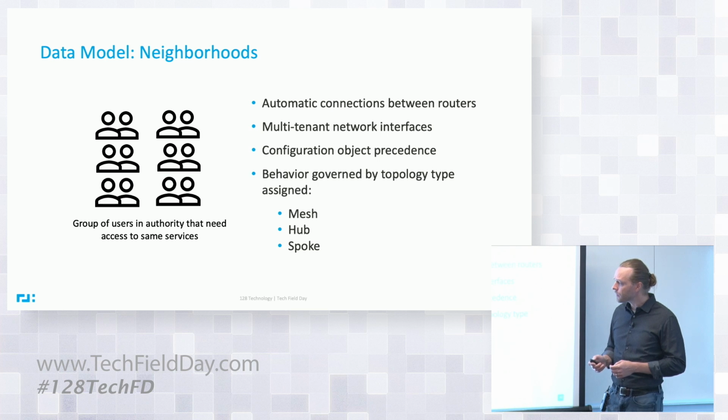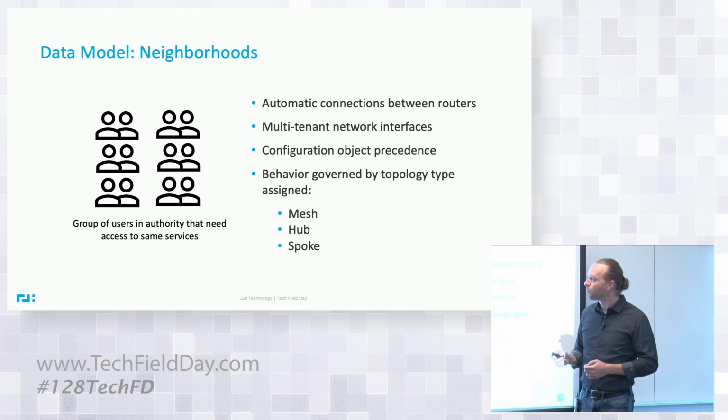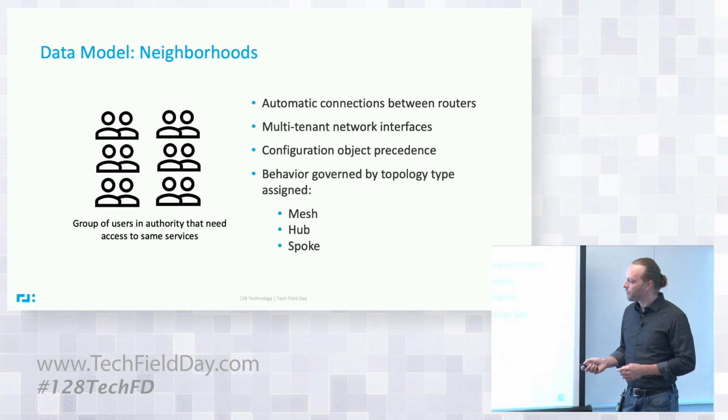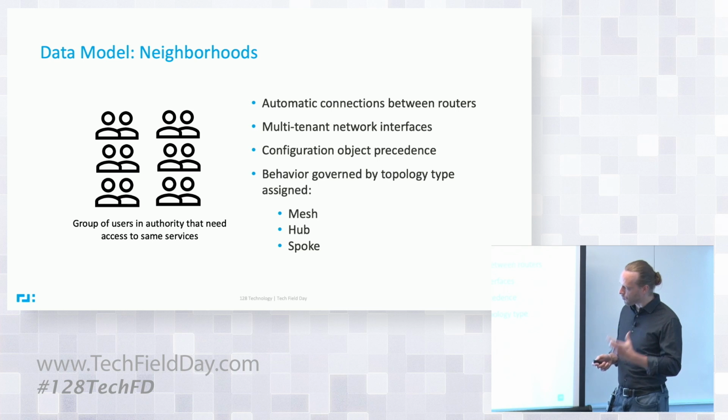They have other properties as well, which is the notion of vectors, which I'll get into next, which defines path preference. But just as important is the property of those neighborhoods that govern their behavior.